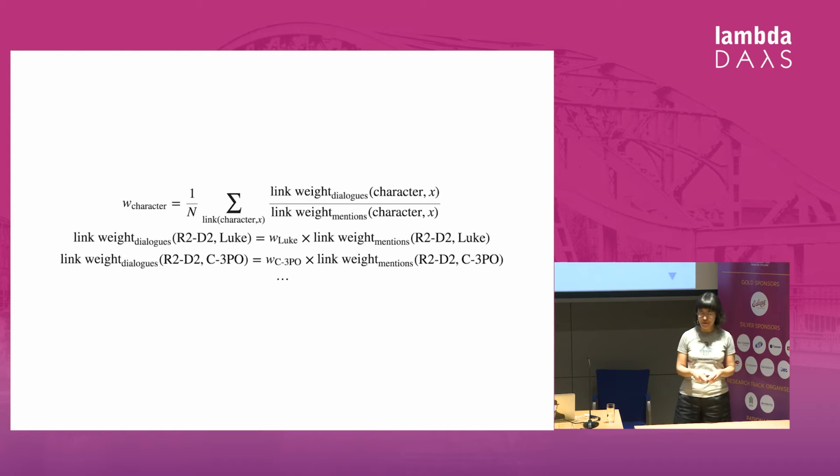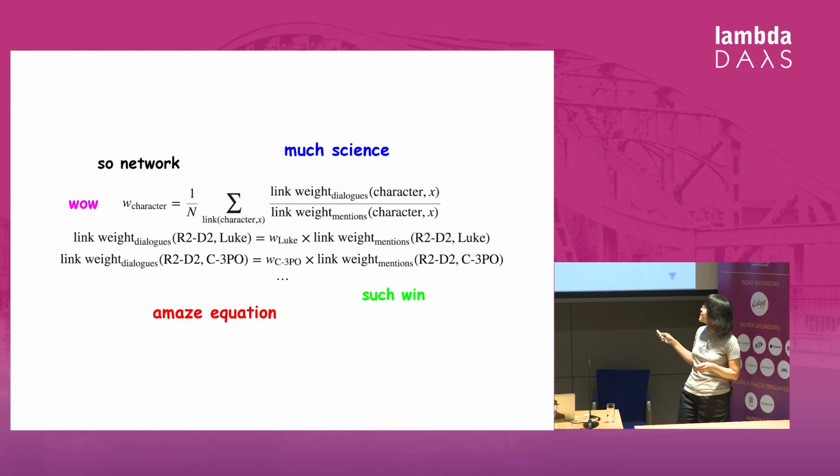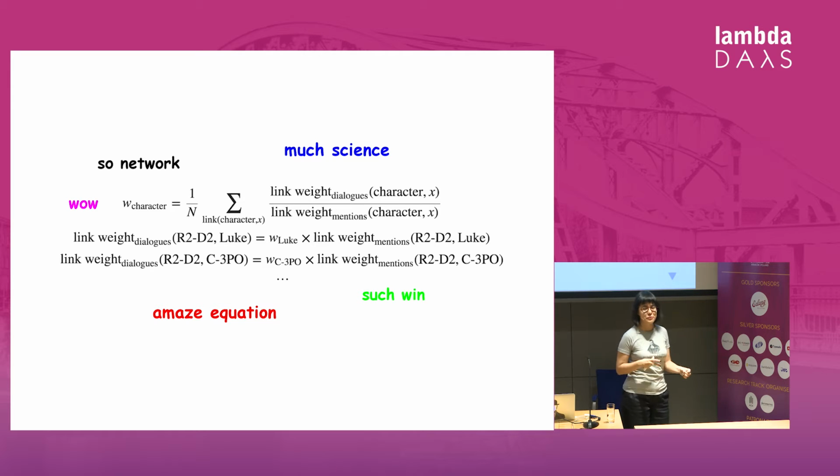And I use this to estimate the weight that each character has. So this is the weight of a character. It's basically just the average number of times a character is talking with someone else, divided by the number of times the character is mentioned in the script. And turns out, on average, this is about 1/2. So each character is mentioned about twice as much as the character speaks. And I use this to estimate connections between the non-speaking characters and the actual speaking characters.